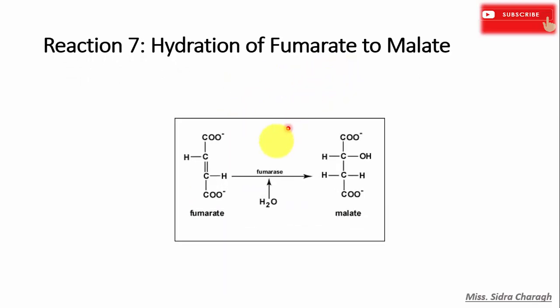Here the reversible hydration of fumaric acid to malic acid is catalyzed by the fumarase enzyme, which adds a hydrogen and oxygen back to the substrate that had previously been removed.